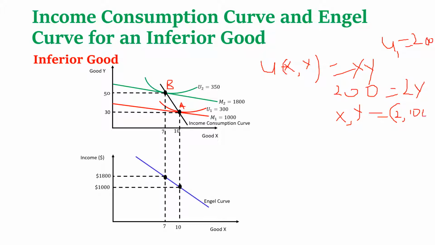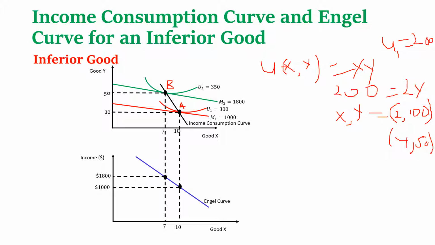That is one point for your indifference curve. You can do the same for the next one, maybe X equals 4, and then Y is going to be 50. So as a matter of fact, just plot two points, that's enough. You plot those two points and then you join them, and you will see a curve.